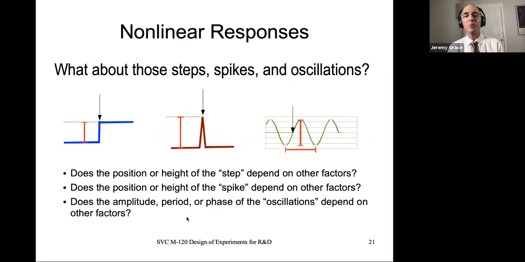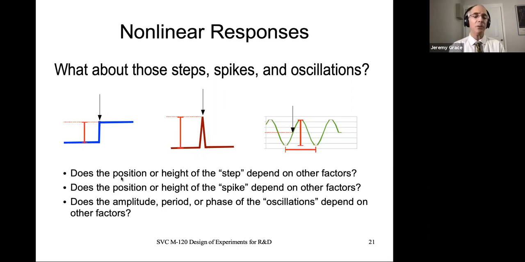As I said, we're assuming those responses are friendly. And I think you'd agree that the step function response or the spike or this oscillation is not friendly in the classic DOE sense. So imagine there's a factor that produces the step response or this spike response or this oscillation. You can ask a question like, does the position or height of the step depend on other factors? Does the position or height of the spike depend on other factors?